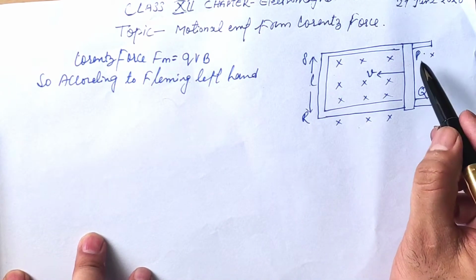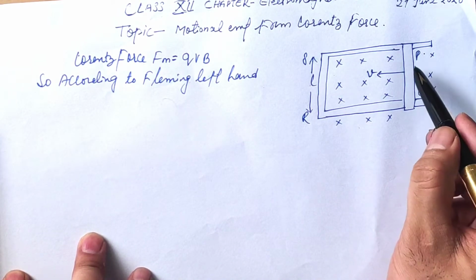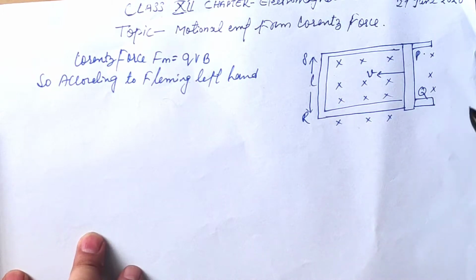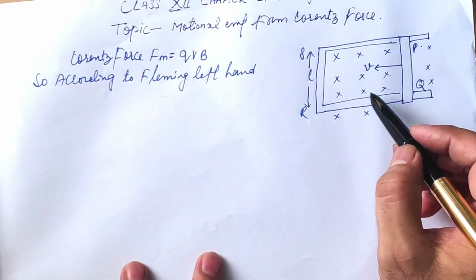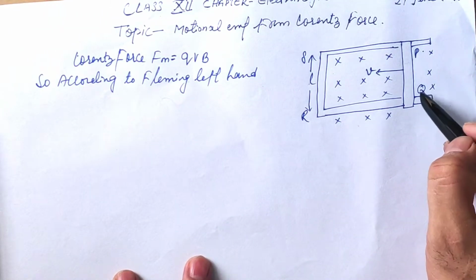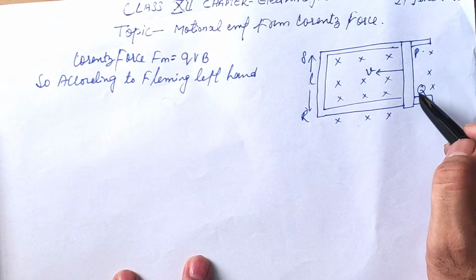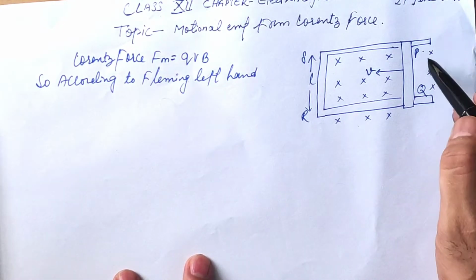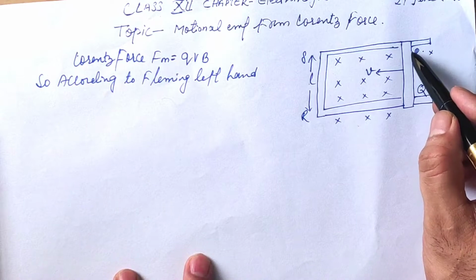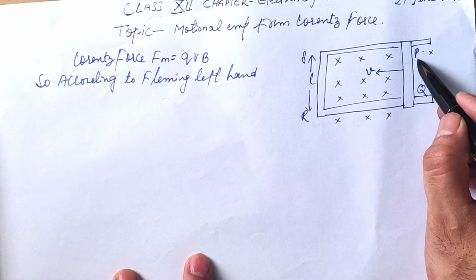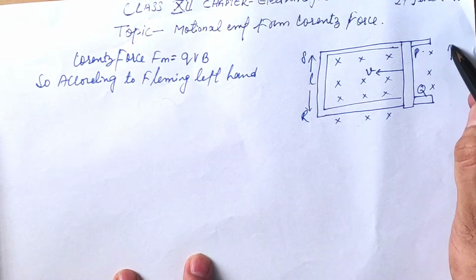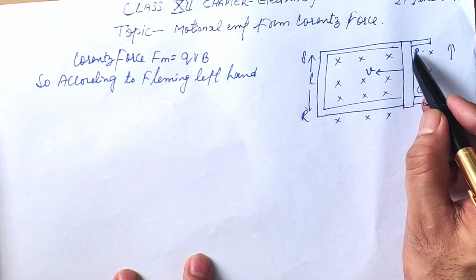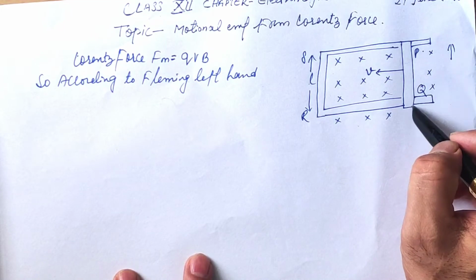This is Q, this is P, and hence the free electrons will move towards P. Free electrons will start moving towards P. You can see these electrons are moving towards P along this direction. So negative charge accumulates at point P and positive charge accumulates at Q.